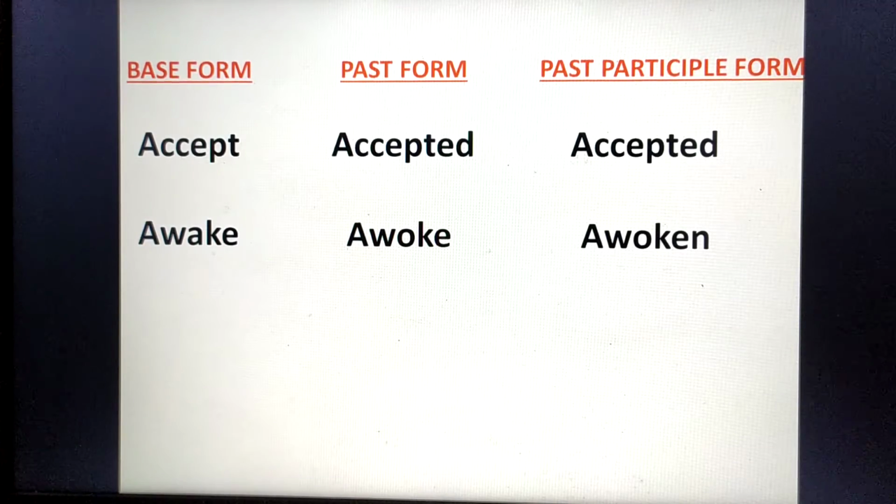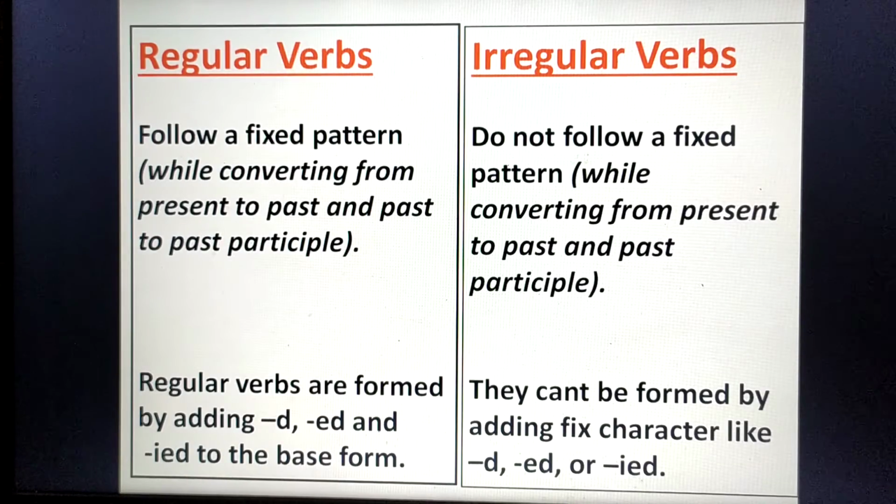So the verb which follows a pattern of conversion from present to past and past participle is a regular verb, and the verb which does not follow any pattern for conversion is an irregular verb. So based on the formation of past and past participle forms, verbs are divided into two parts. First is regular verbs and second is irregular verbs.